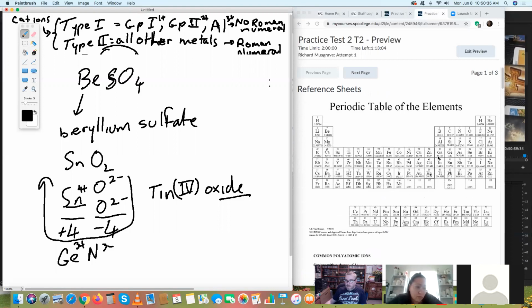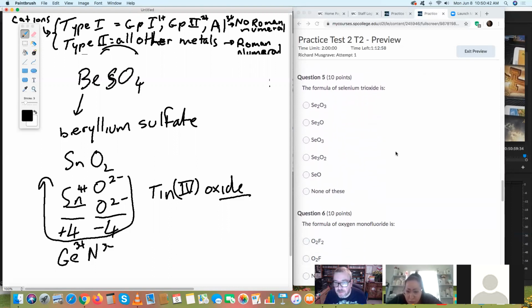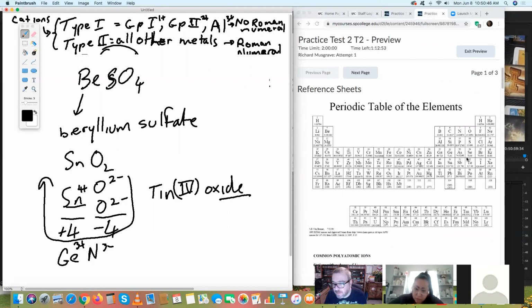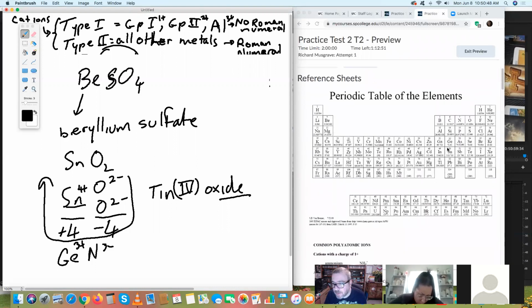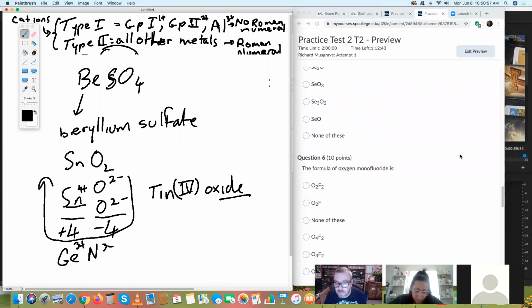All right. Any other questions about that? Okay, let's look at this one. Selenium trioxide. So I look for Se and O, and I see they're both non-metals.